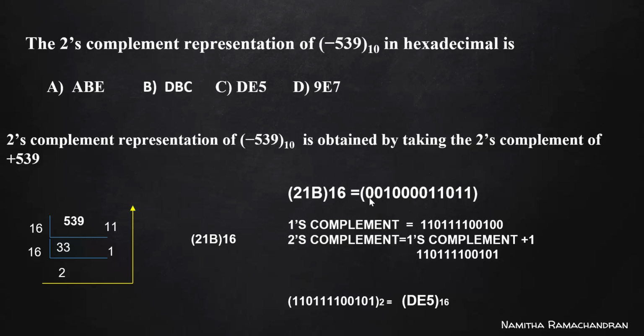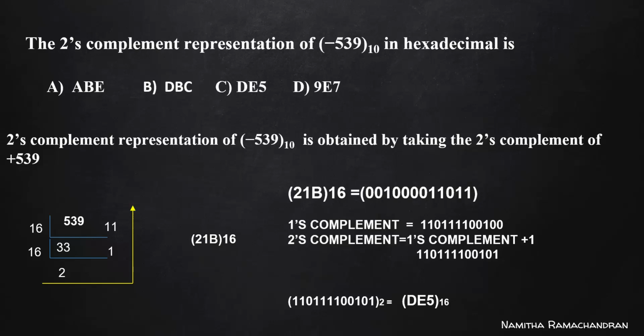Okay, now we need to take its 2's complement in order to get the binary representation of minus 539. This is actually the binary representation of positive 539. Right? We can take its 2's complement. 1's complement plus 1 gives the 2's complement form, that is equal to minus 539.